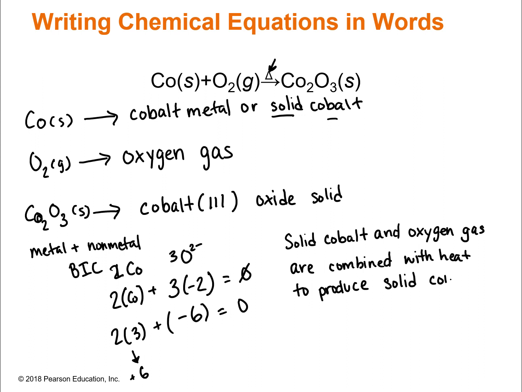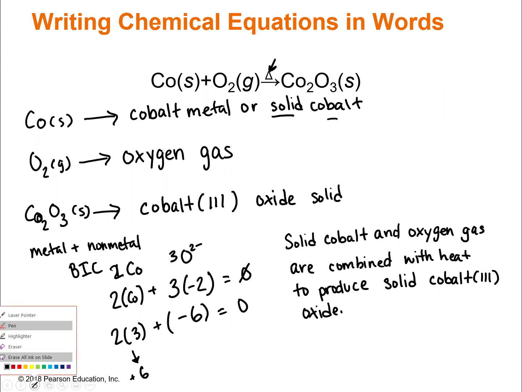Solid cobalt 3 oxide. That's how you would write that in words. And as long as you have the names correct and all the states of matter, the verbiage about, are combined with heat, as long as you mention heat and they're combined somehow, mixed, combined, whatever, then you're good to go.